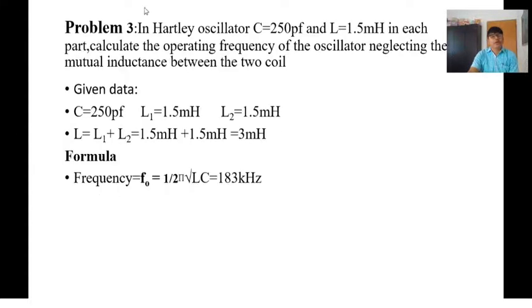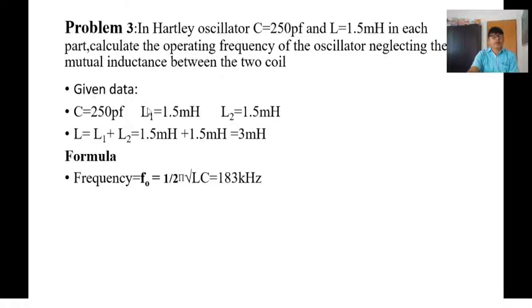Next, in a Hartley oscillator, the capacitance C is equal to 250 picofarad, L is equal to 1 millihenry. Calculate the operating frequency of the oscillator, neglecting the mutual inductance.